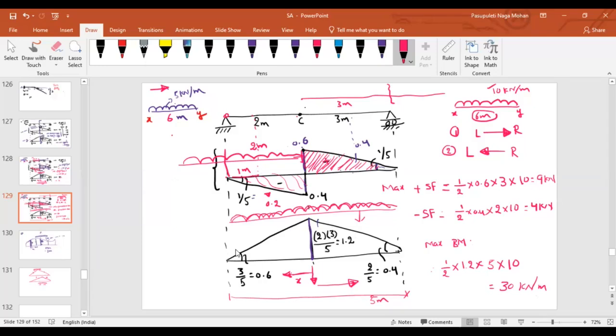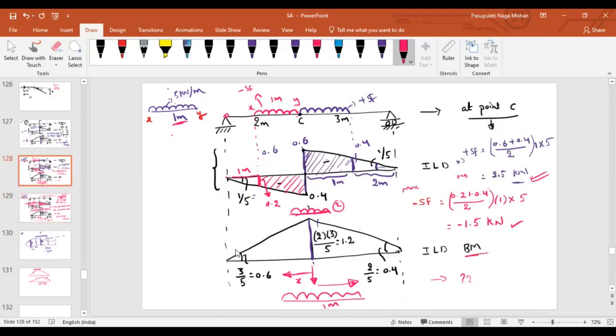Yes, sir. Now you can ask, in the previous case, why could we not find the maximum bending moment? Because as the length of the UDL is less than the length of the beam, we should know the exact position of the load such that we get the maximum bending moment.